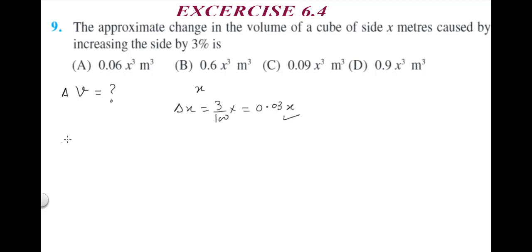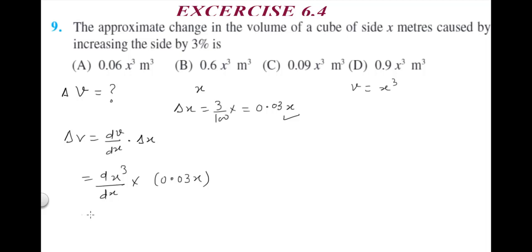Now how do we find delta V? It is calculated as dV by dx multiplied with delta x. So first of all, what is the formula for the volume of a cube? It is x cube. You will place here d by dx of x cube multiplied with 0.03 x. Now you will write it as 3x square multiplied with 0.03 x.